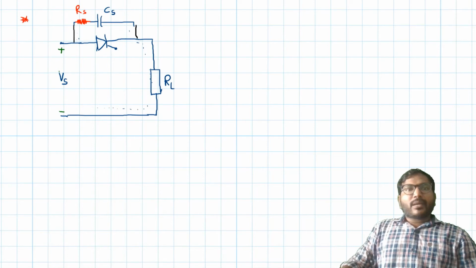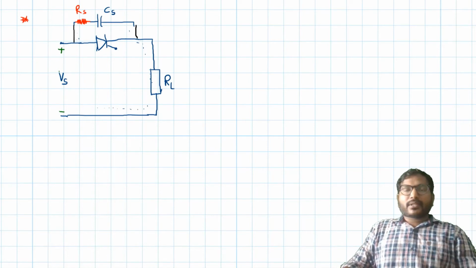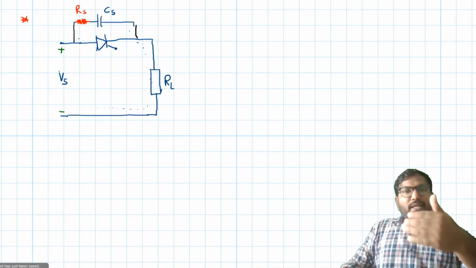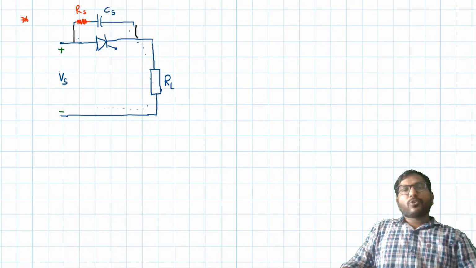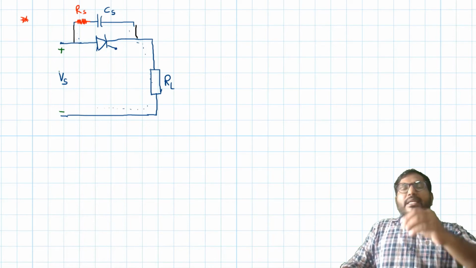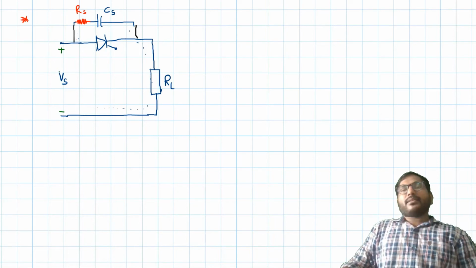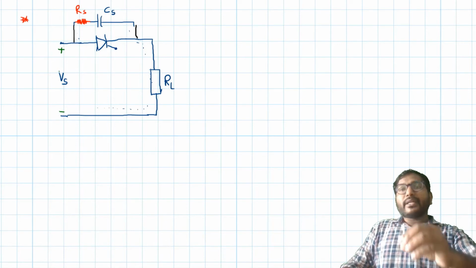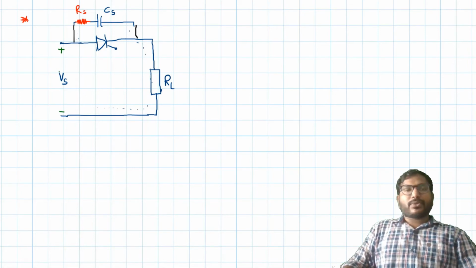Coming to an important point: the arrangement of the circuit to protect the SCR from high dV by dt is called the snubber circuit. Very important.